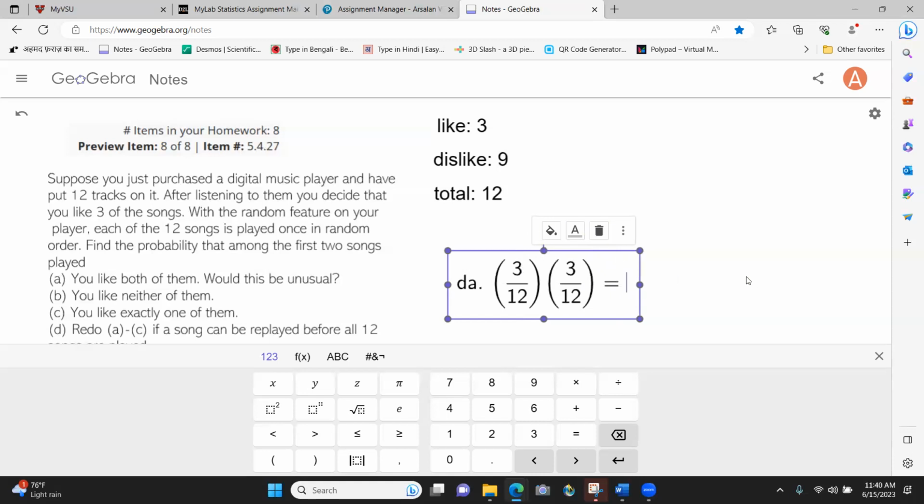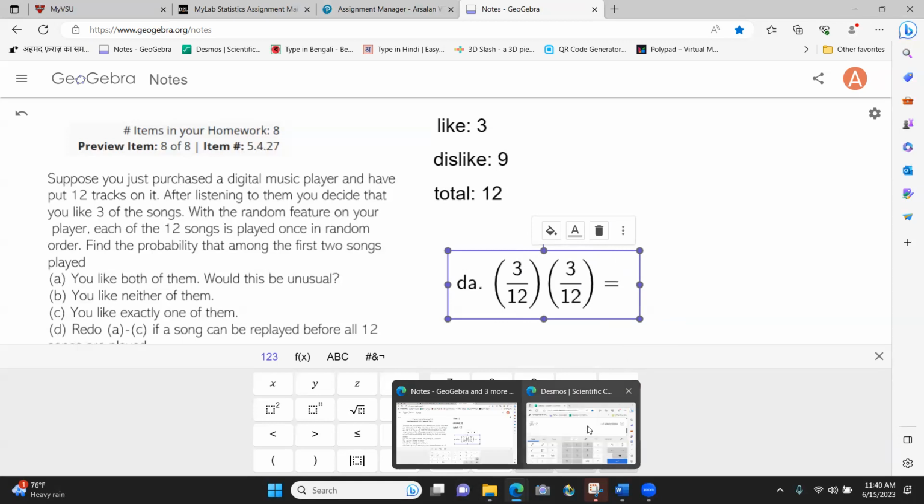You like both of them. Yeah, that's going to be 9/12. Not 9/12, 9 over 144. 3 times 3 is 9. 12 times 12 is 144. 9 over 144.